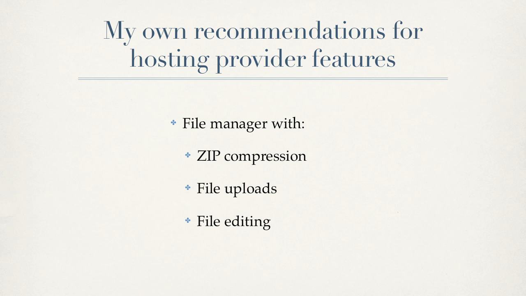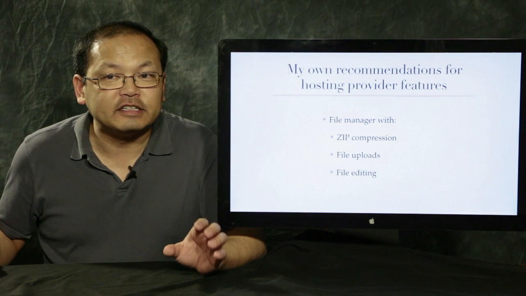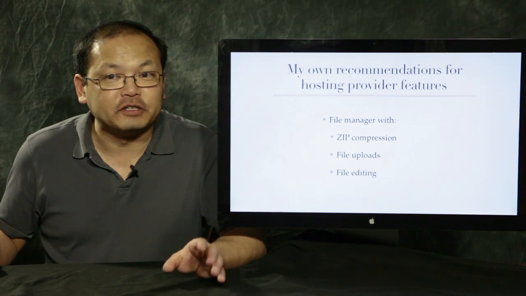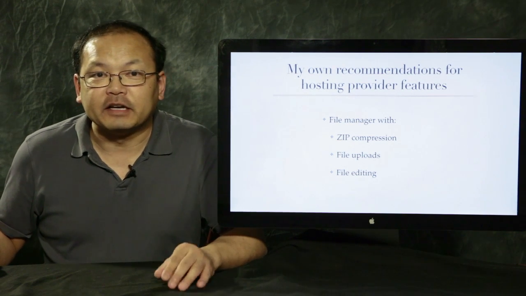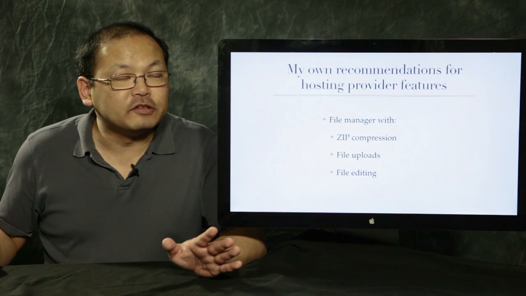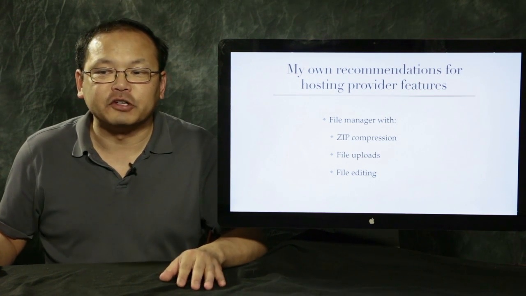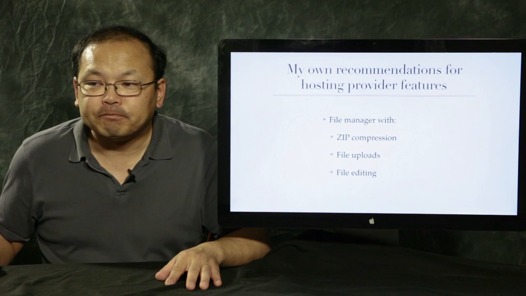And what's really useful, and not every host that offers a file manager offers this, is file editing, to be able to modify the text of certain files on the host itself. This tutorial will assume you can do that, so make sure you get that. Most hosting services I've seen do offer that, but not all of them, so make sure you ask about that.